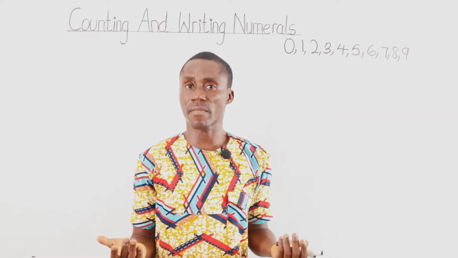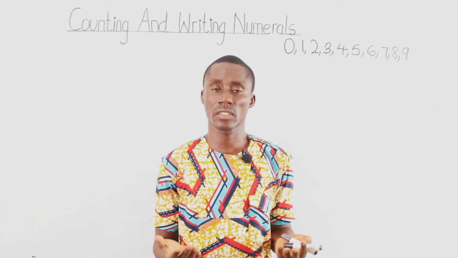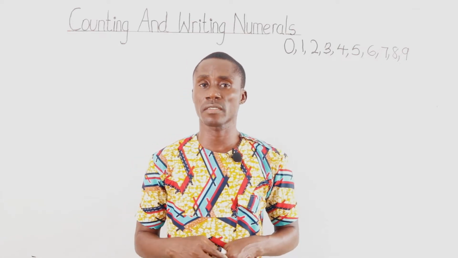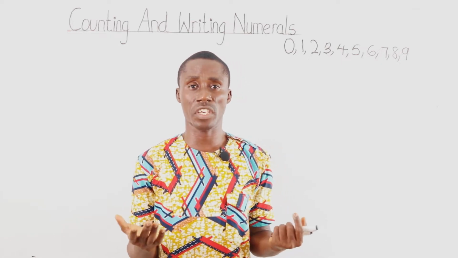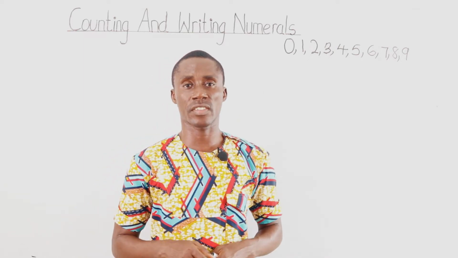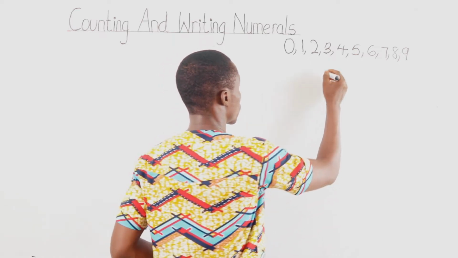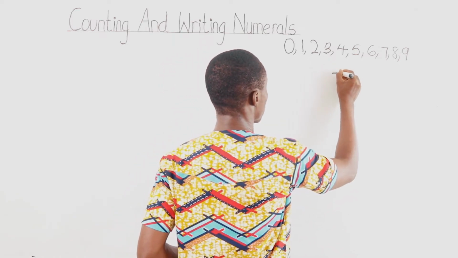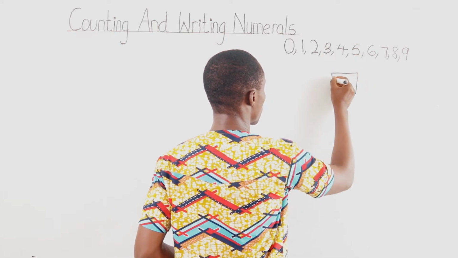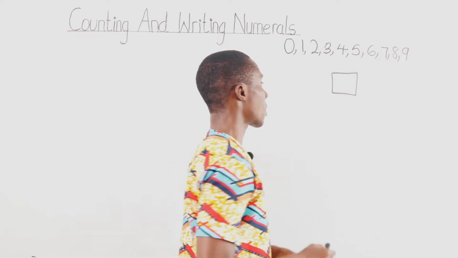If you will remember, we said a number place can be imagined as a small square into which we can write only one digit at a time. So let's draw a small square that we are going to use to stand for our number place.